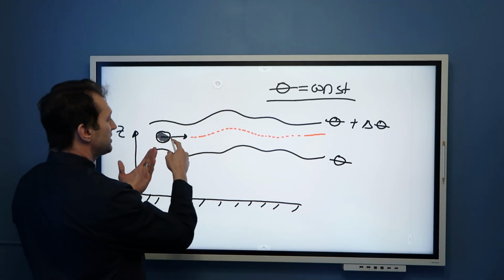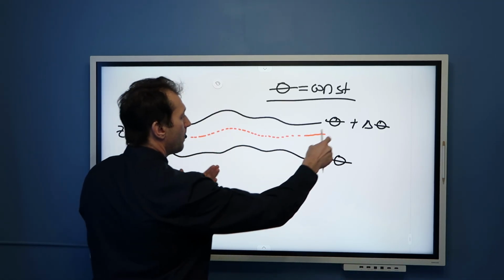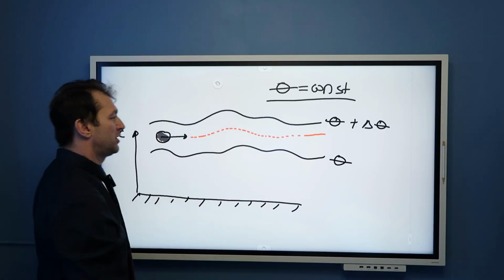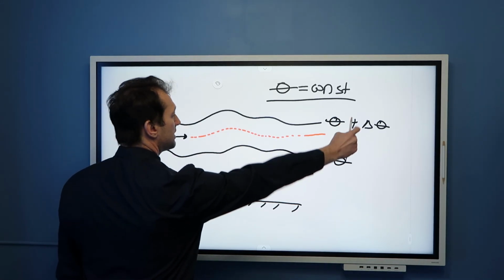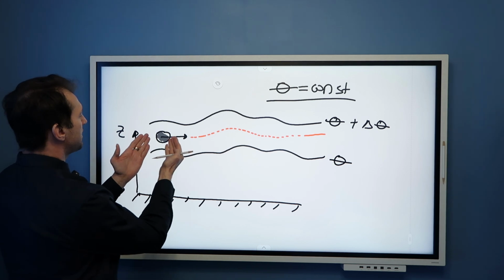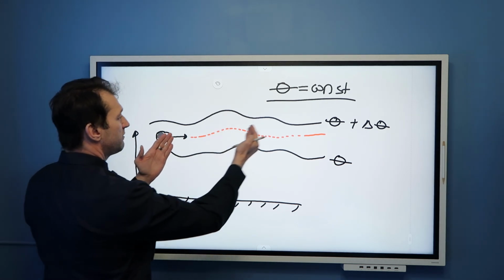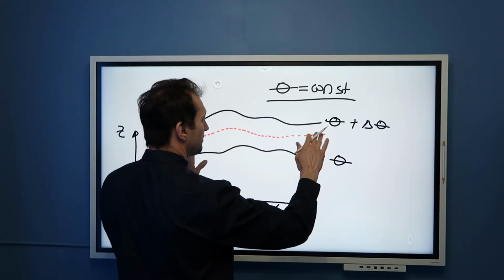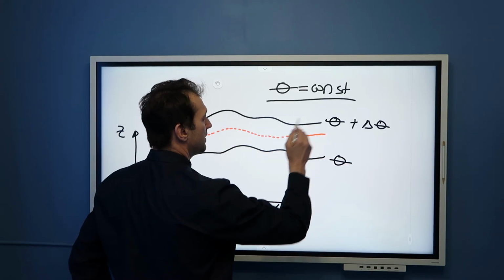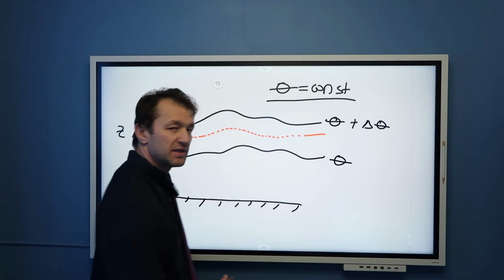To have it constant, it has to follow lines of constant potential temperature. Here is theta plus delta theta. This air parcel is in between, so it will follow a line of constant potential temperature that sits between these two. Does that make sense?